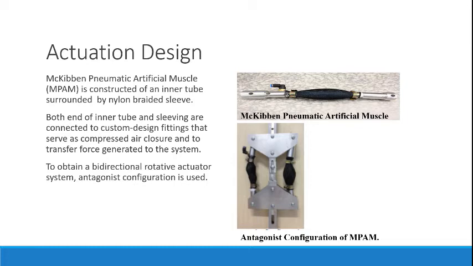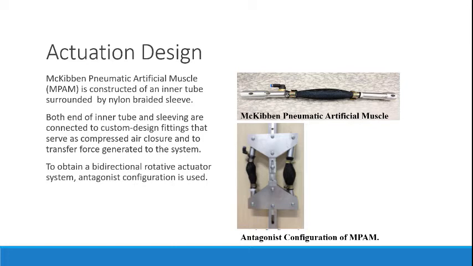So the McKibben pneumatic artificial muscle is constructed of an inner tube surrounded by a nylon braided sleeve. Both ends of the inner tube and sleeving are connected to custom designed fittings that serve as compressed air closure and to transfer the force generated to the system.